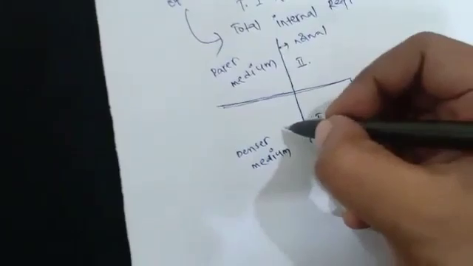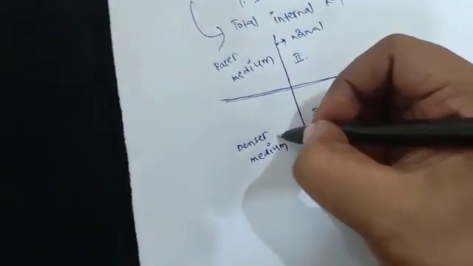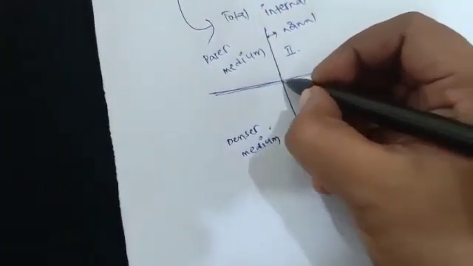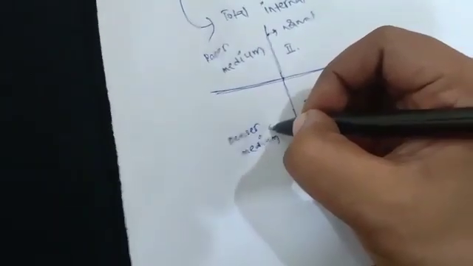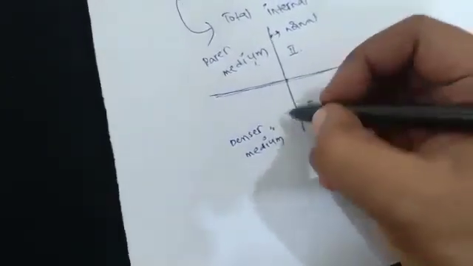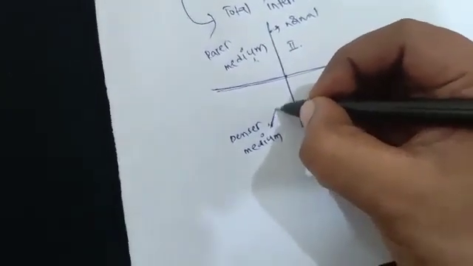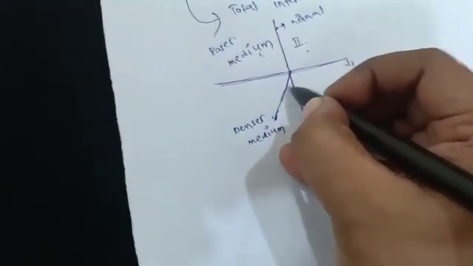Next, the light ray is traveling from the denser medium to the rarer medium and is incident at the boundary with an angle of incidence i.